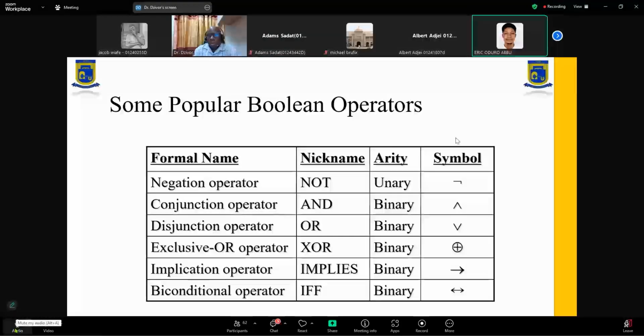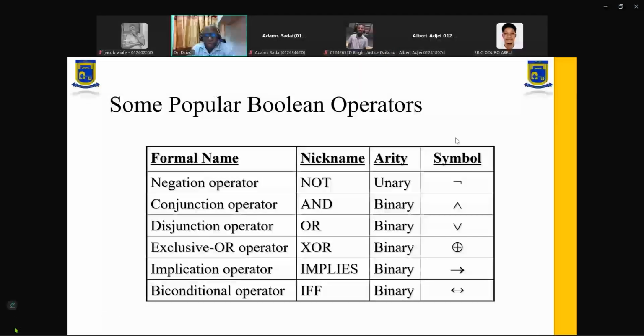Implies, and then if. The implies is the if. The other one you see is if and only if.